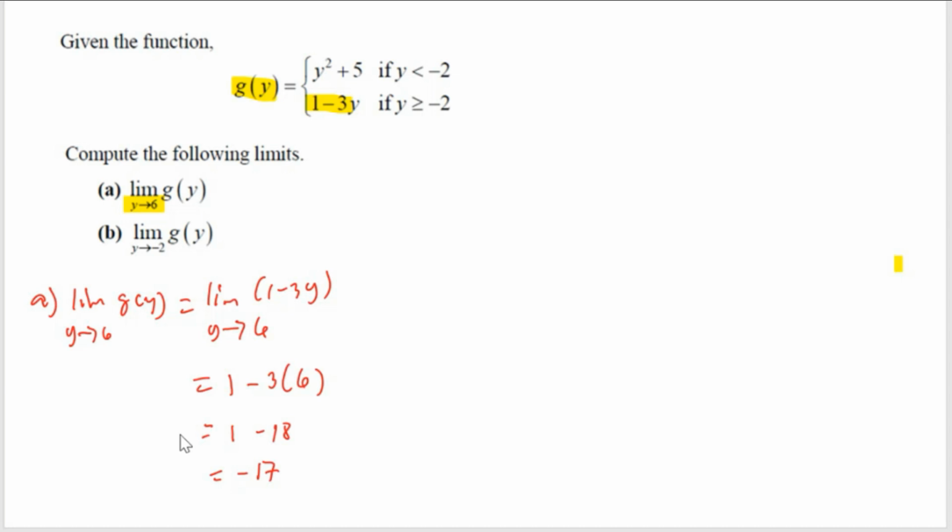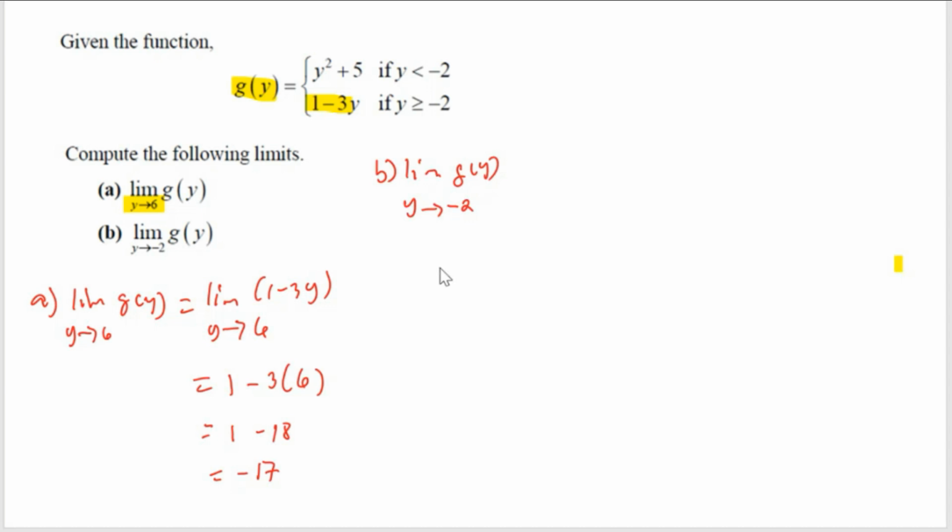It says that if the two one-sided limits exist, I'm referring to the right-handed limit and the left-handed limit, then the normal limit will also exist and have the same value. So for letter B, we have the limit of g of y as y approaches negative 2. That is now the normal limit.